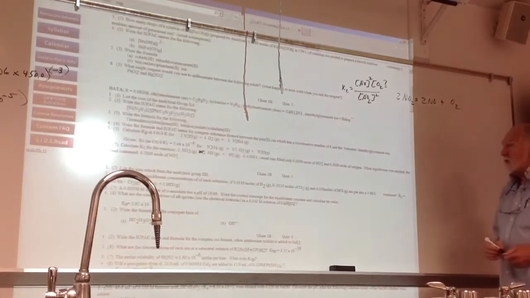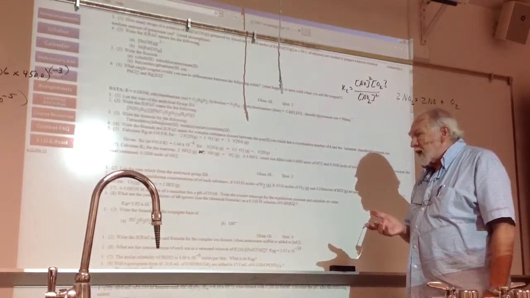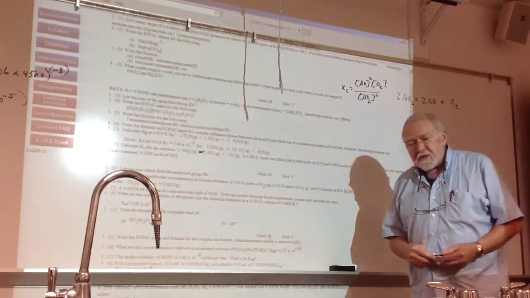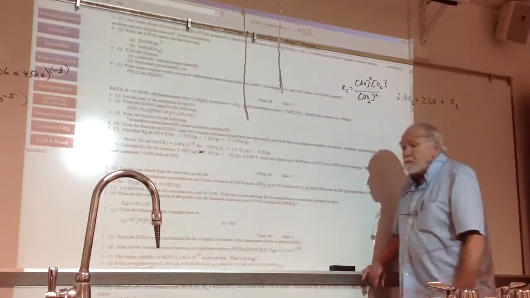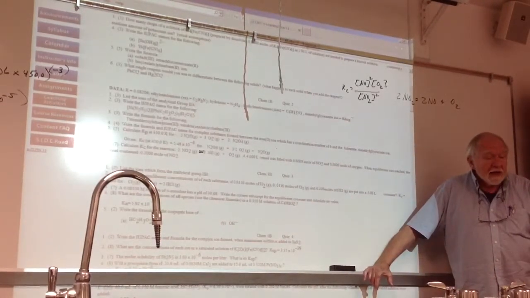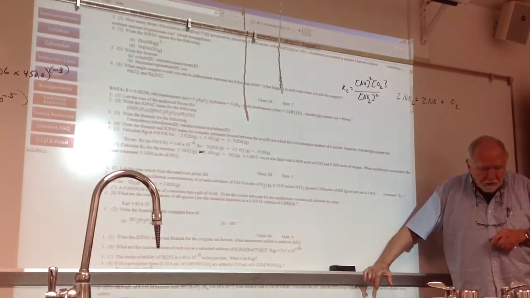Then what I said you should do, and your book solves things in moles a lot of times and then converts to molarity, and theoretically that's the way you should do it. But since you're always working at a constant volume, the molarity number, I mentioned this to you last time, is proportional to the moles.